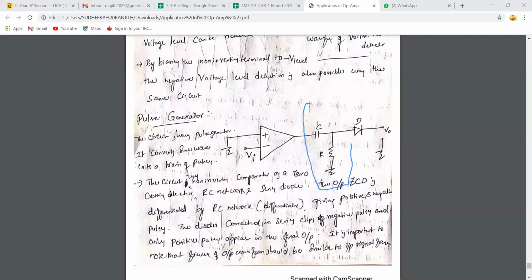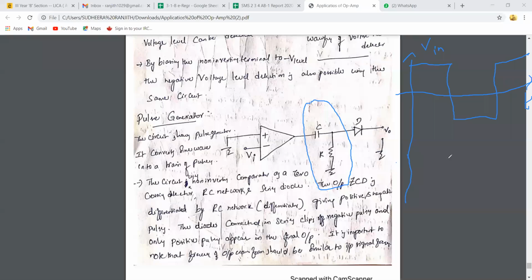Then when you are applying that output of the comparator, which is a square wave, to your differentiator circuit, what is the output of the differentiator circuit for the square wave input? What is the output? Tell me. Train of impulses.